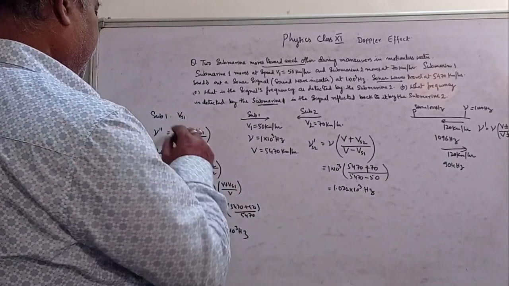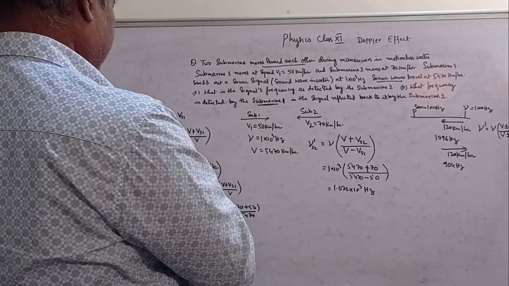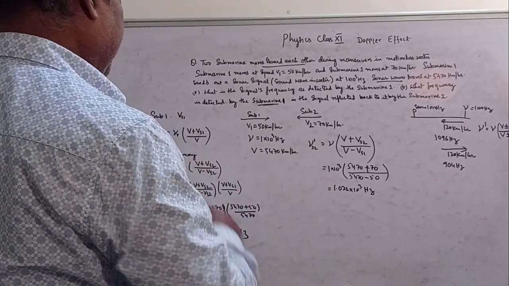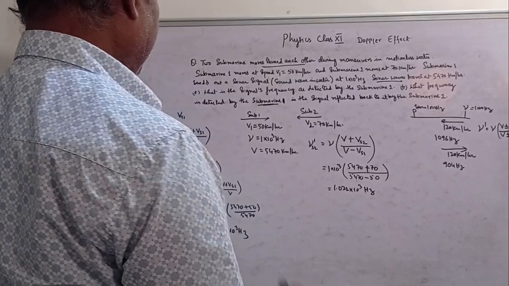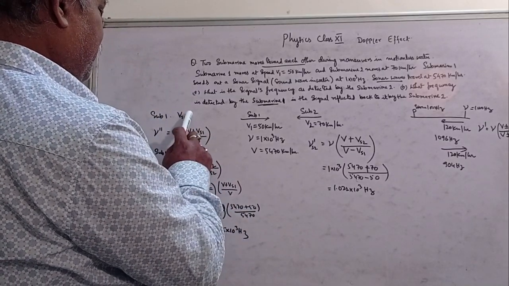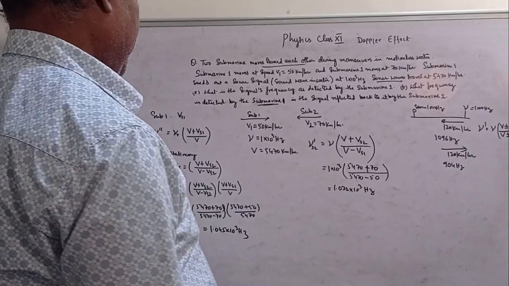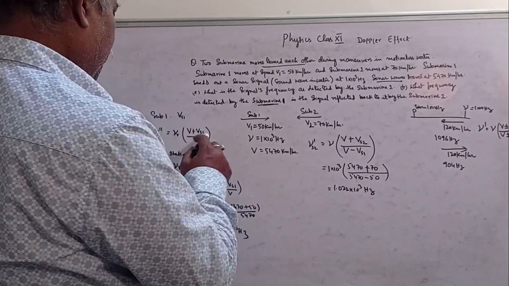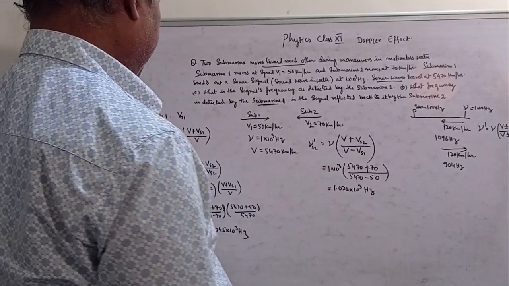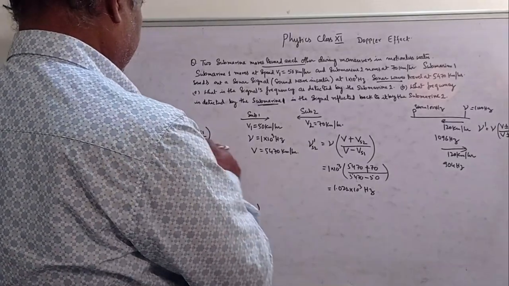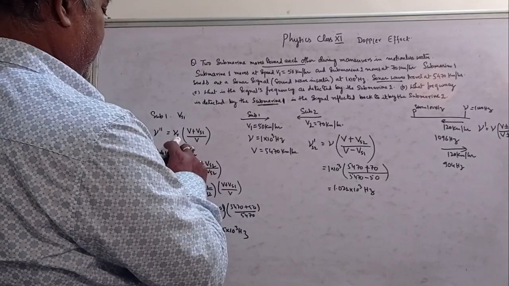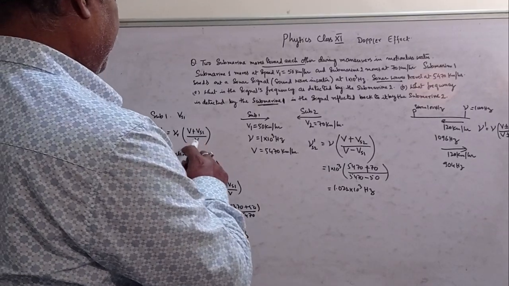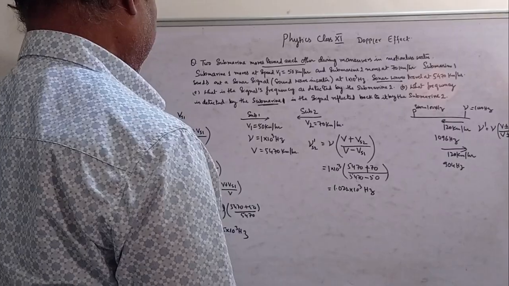For submarine 1, this frequency is the detected frequency. So this will be the reflected frequency, and submarine 1 is moving with this velocity, so the detected frequency is this reflected frequency times v plus vs1 by v.